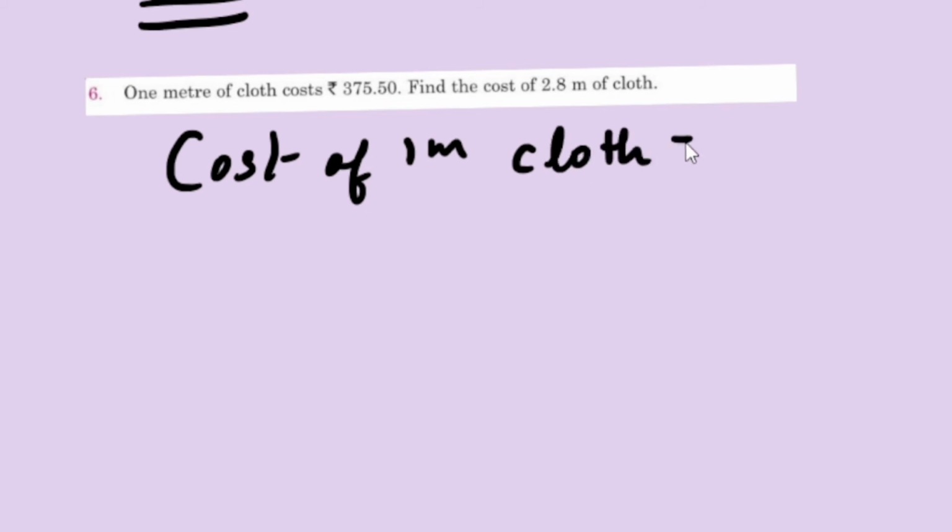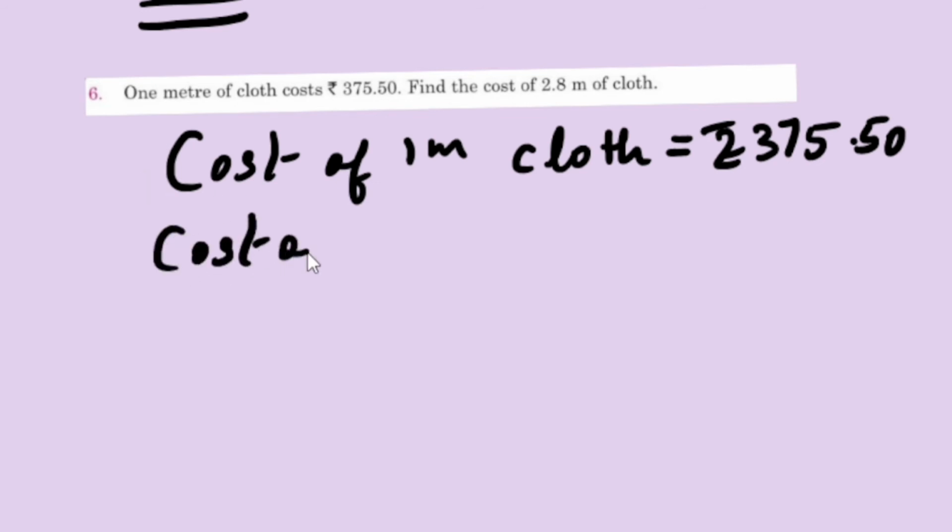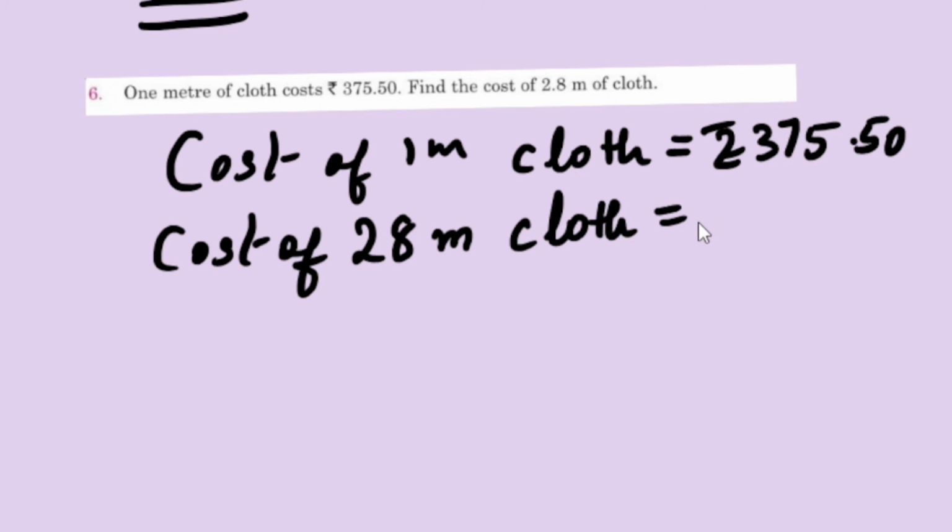So cost of 1 meter cloth is equal to, how much is it given? Rupees 375.50. Okay, now cost of 2.8 meter of cloth. How to find out? We have to multiply the cost of 1 meter by 2.8.